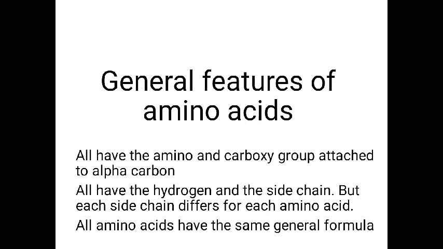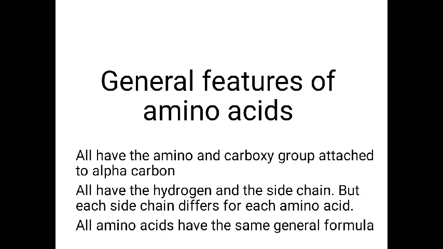What you need to know about amino acids is that all amino acids are made up of an amino group and also a carboxyl group, and both of these groups are attached to the alpha carbon.